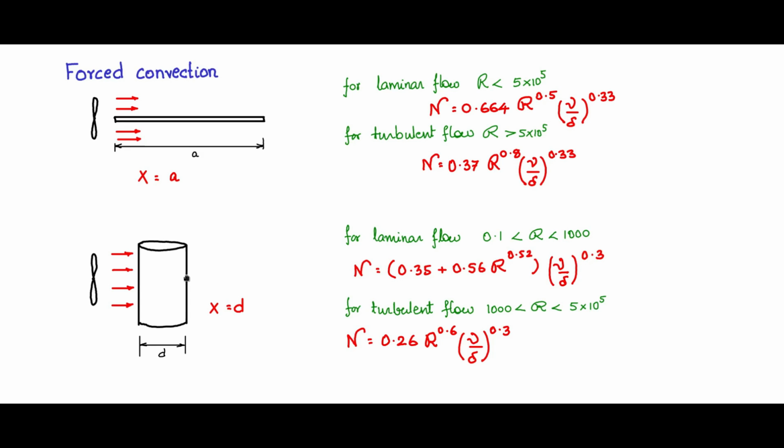Recall this is a vertical cylinder which is having a diameter d. The characteristic dimension is d, the diameter, and you have placed a fan here, and for laminar flow it is this relationship. For turbulent flow, where Reynolds number is between 1000 and 5 × 10^5, we have this relationship. So we will find out Reynolds number, and depending upon where it falls, we will use that particular Nusselt's number relationship.